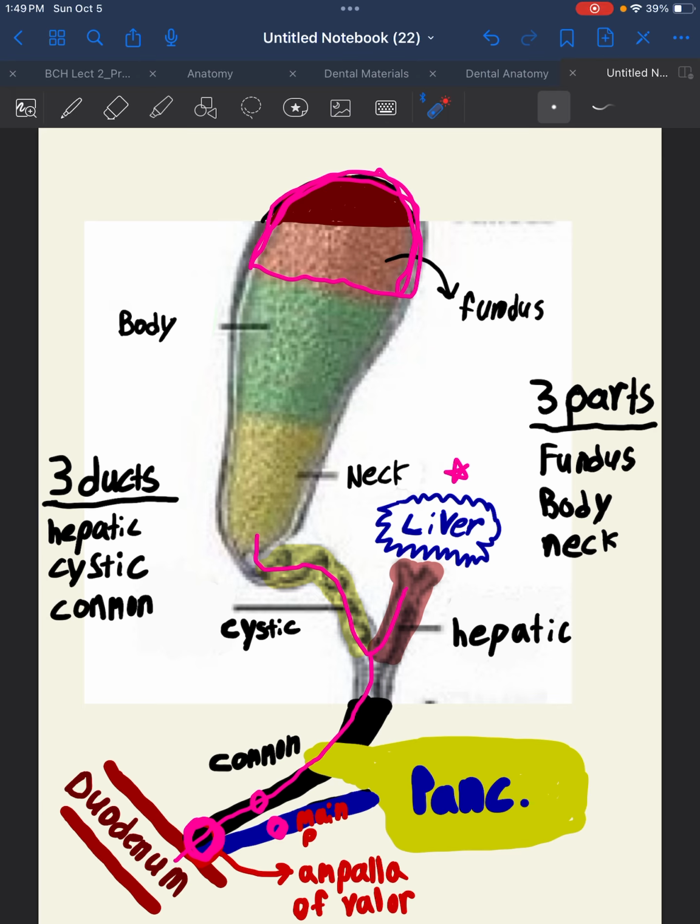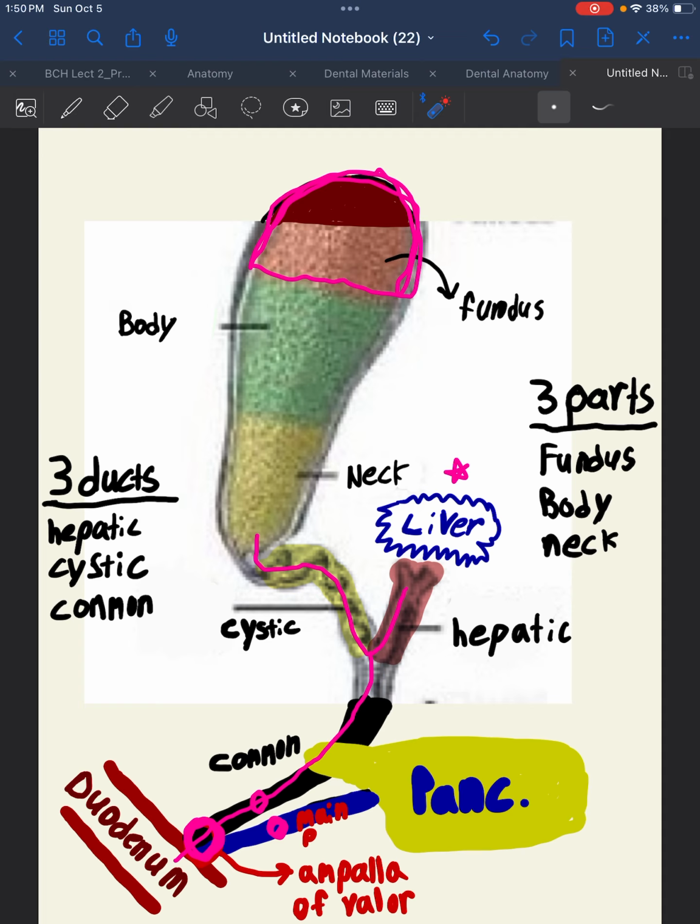When the liver, right here, synthesizes the bile, it will travel through the right and left hepatic duct into the common hepatic duct, and it can either continue traveling through the common bile duct until it meets a place known as the ampulla of Vater, which we'll talk about here shortly, and then release it into the descending duodenum, or that bile can travel up, follow my laser pointer, through the cystic duct into the neck of the gallbladder to be stored as bile in the case of needing to store it for other digestive purposes later on down the line.